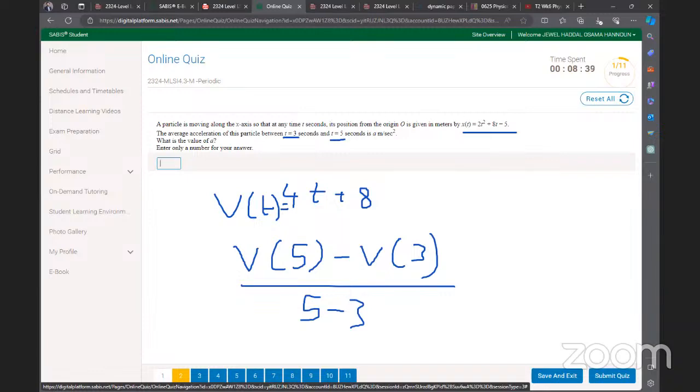Four. So it will be 4. Okay, so write 4.